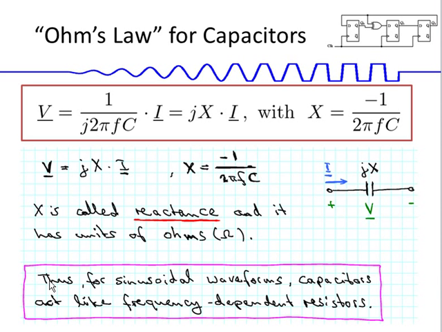Okay, so what we find then is that for sinusoidal waveforms, capacitors act like frequency-dependent resistors. And that's a very interesting and useful property. It allows us to use capacitors to make things that react either to high frequencies or low frequencies. We call them filters.